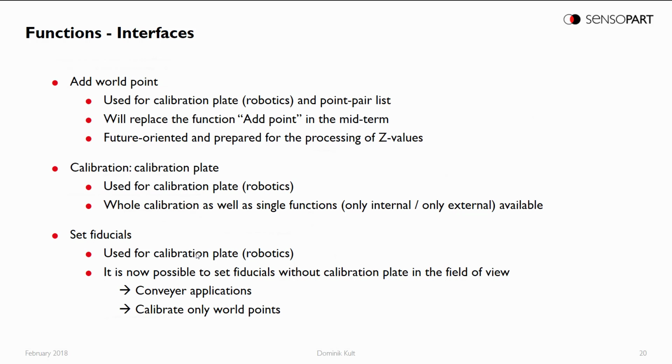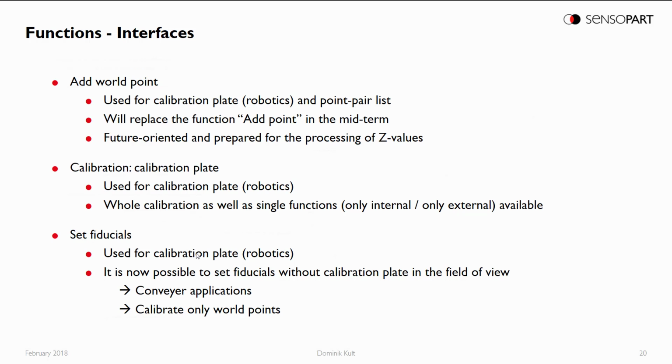In the future we will replace the add point function in the midterm, but don't worry, in this release it is available, so customers who used it before and make an update or order a new device and use the add point function, it is available. But future oriented, we prepare this new add world point request also for processing the set values.